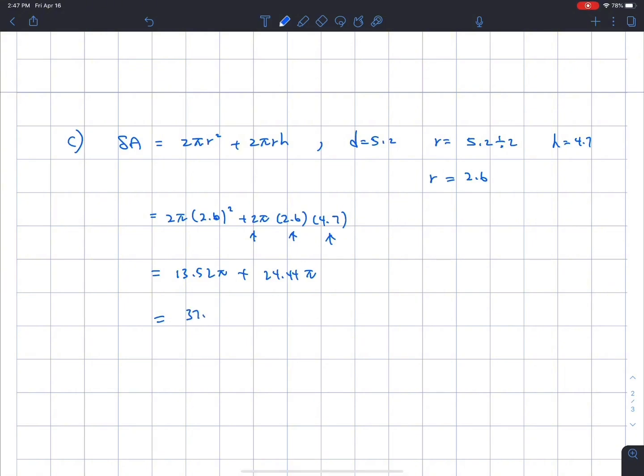I get 37.96 pi. This is in centimeter square. I forgot the decimal answers. So I still need to times that by pi and then change into decimals. I get 119.25 centimeter square.